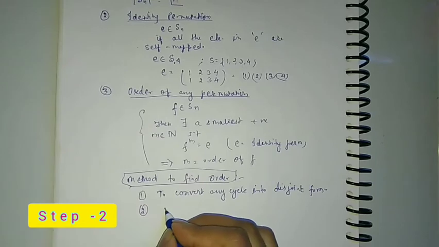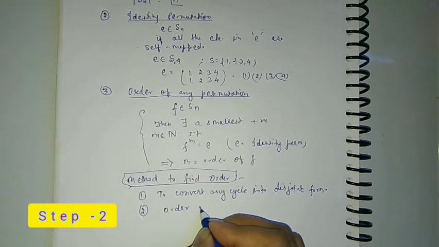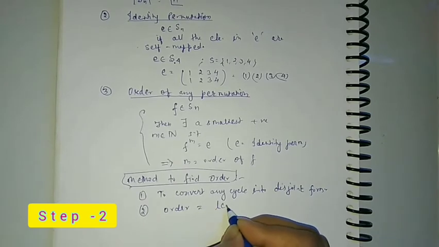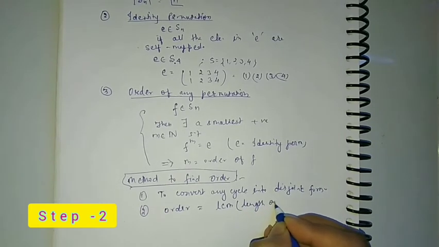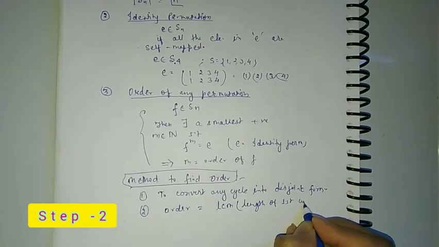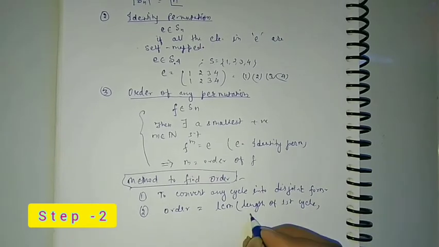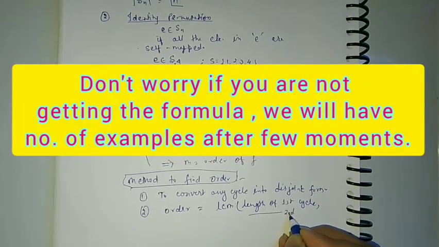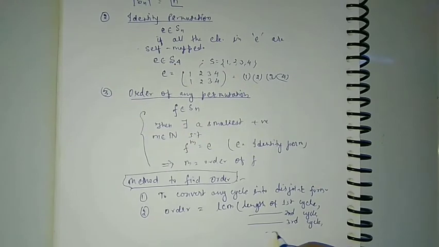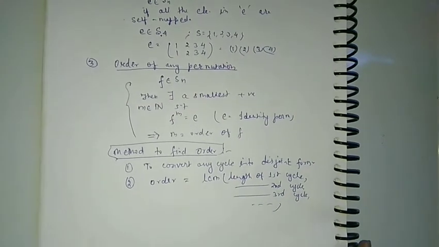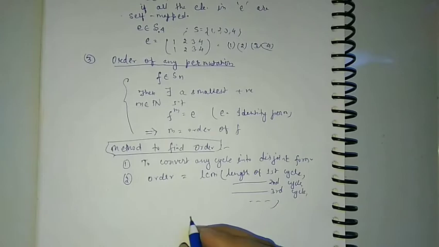In step 2, we are going to apply the formula for the order. The formula is: order is equal to the LCM of the length of the first cycle, length of the second cycle, length of the third cycle, and so on. So this is the formula for the order of any permutation.